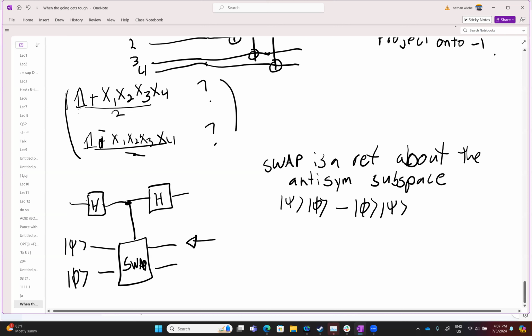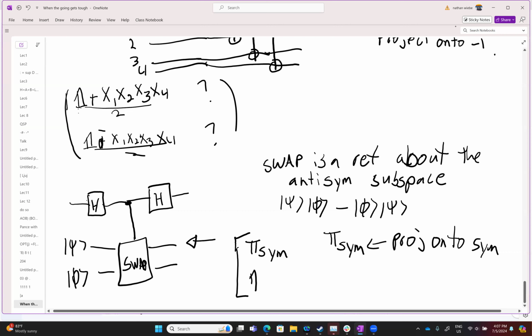And so carrying out precisely the same logic that we had before, if it's a reflection about the antisymmetric subspace, then if we define pi sim to be a projection onto the symmetric subspace, this unitary over here can be thought of as block encoding a projection onto the symmetric space in this block, times a projection onto its complement, 1 minus pi sim, in the other space, and who knows what it does over here.